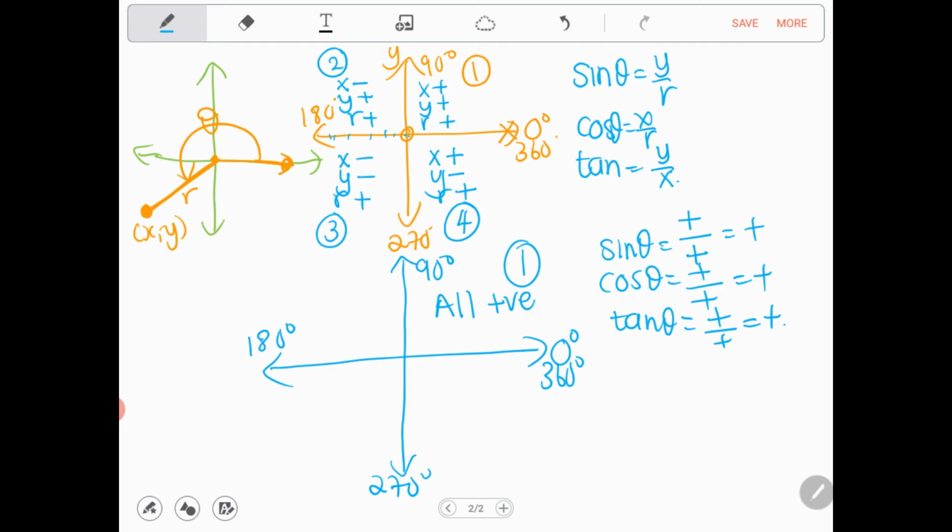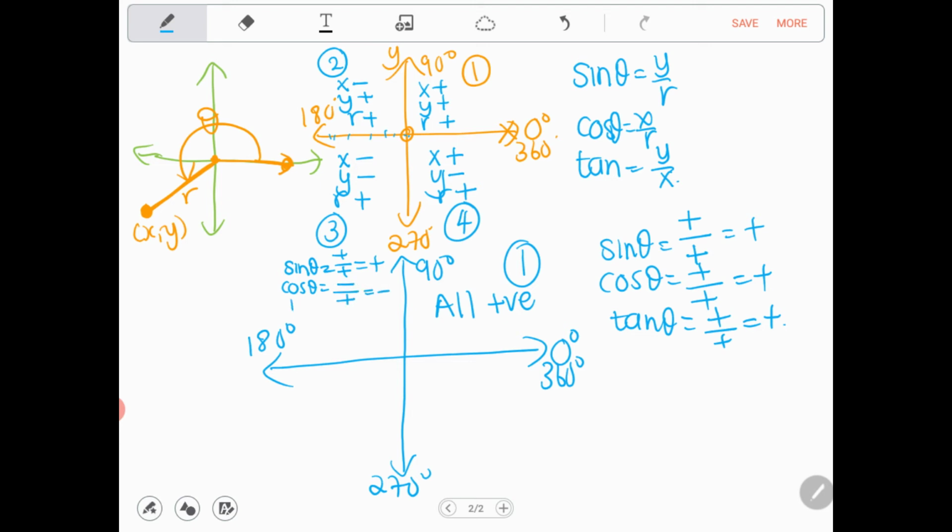Right. In quadrant 2, we can see above here, we said x was negative, y was positive, and r was positive. So if I look at my trig ratios here, sine is y over r, so it's going to be positive over a positive, which gives me a positive. Cos is x over r, so it's a negative over a positive.